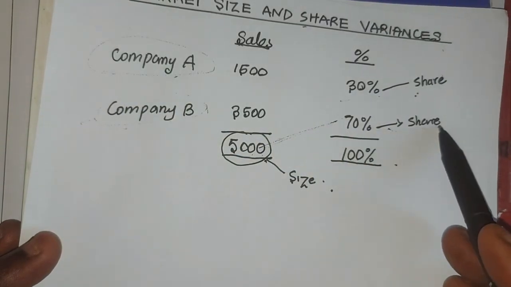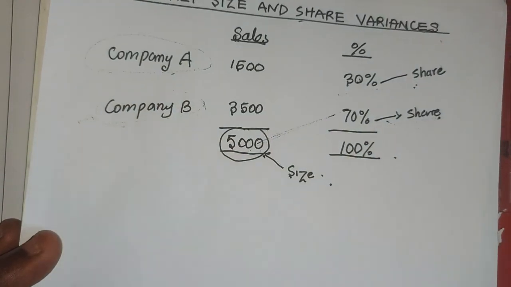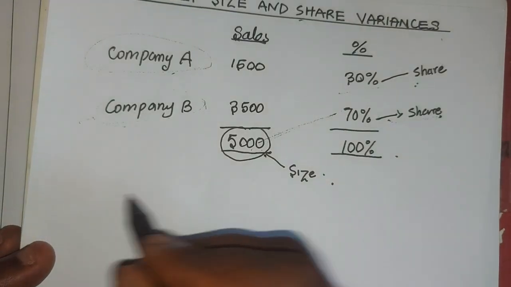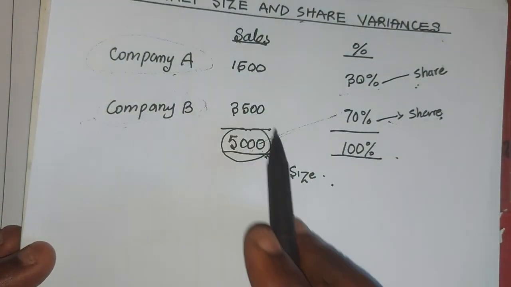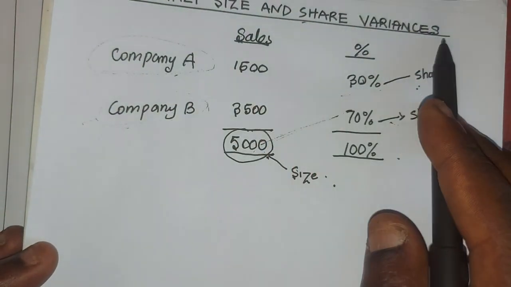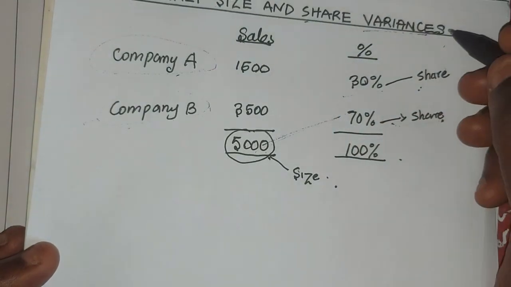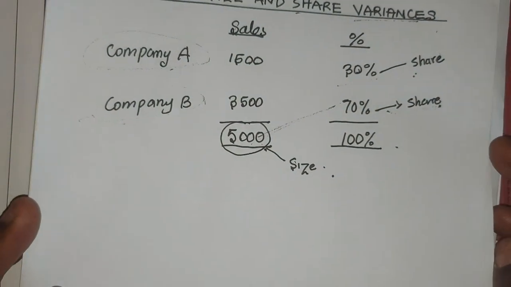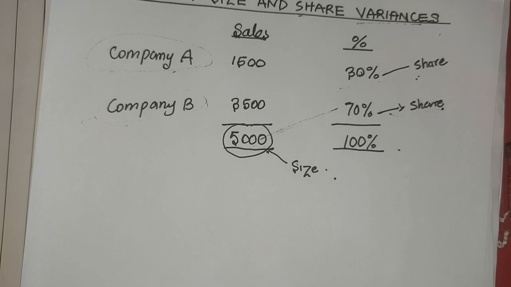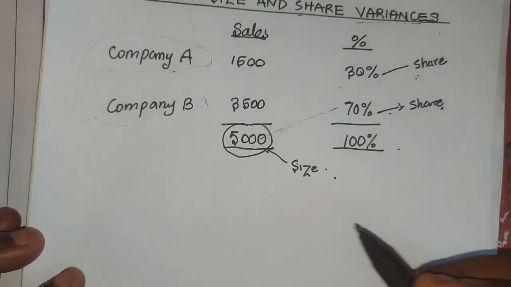That is market share. Now you may be asked to calculate market size variance and market share variance. Variance, as we know, is the difference between the standard or the budgets and the actual results.